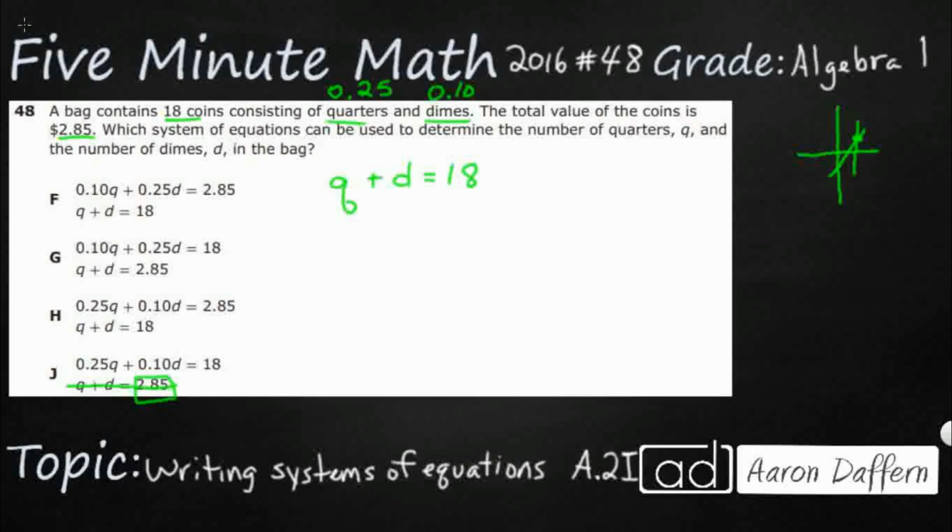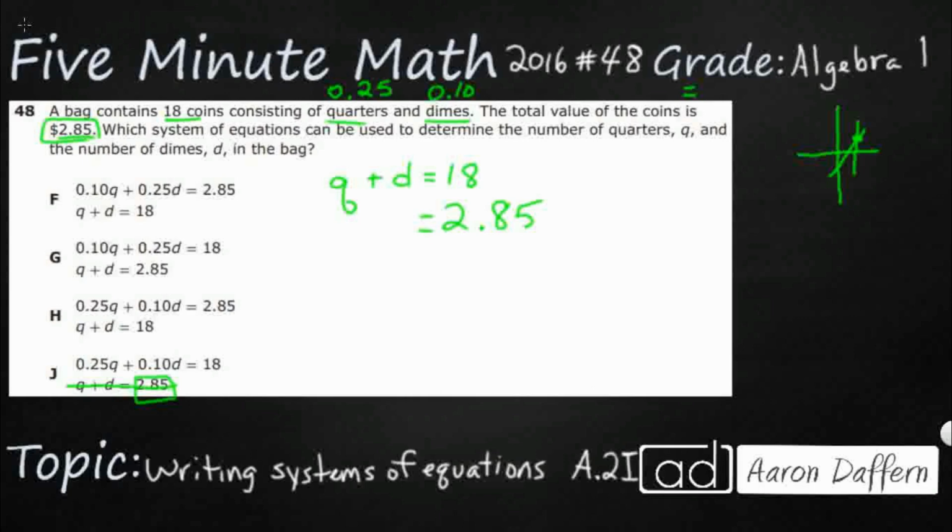Let's get into this next one. The total value of the coins is, so that is going to be our equal sign, what? What's the total value? 285. Something is 285. Total value of the coins, we don't know how many quarters, we don't know how many dimes, but look, now we're dealing with dollars and cents.